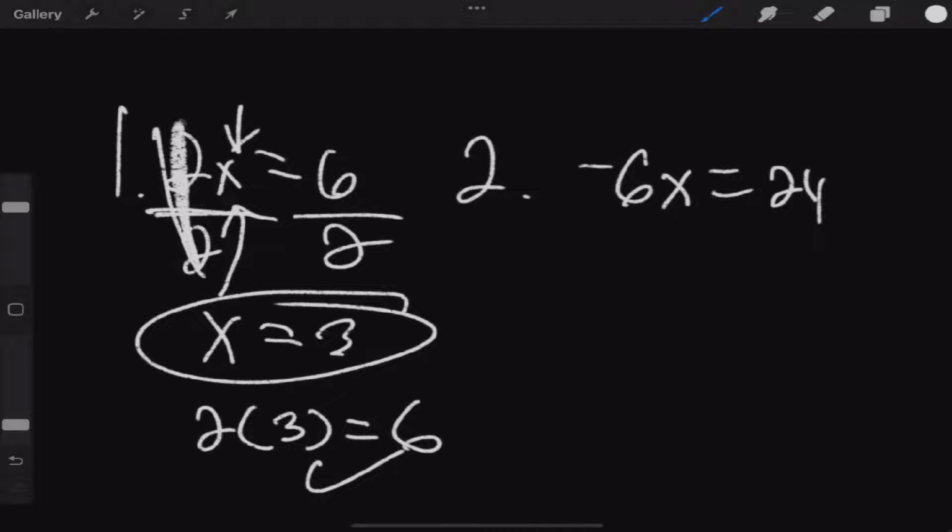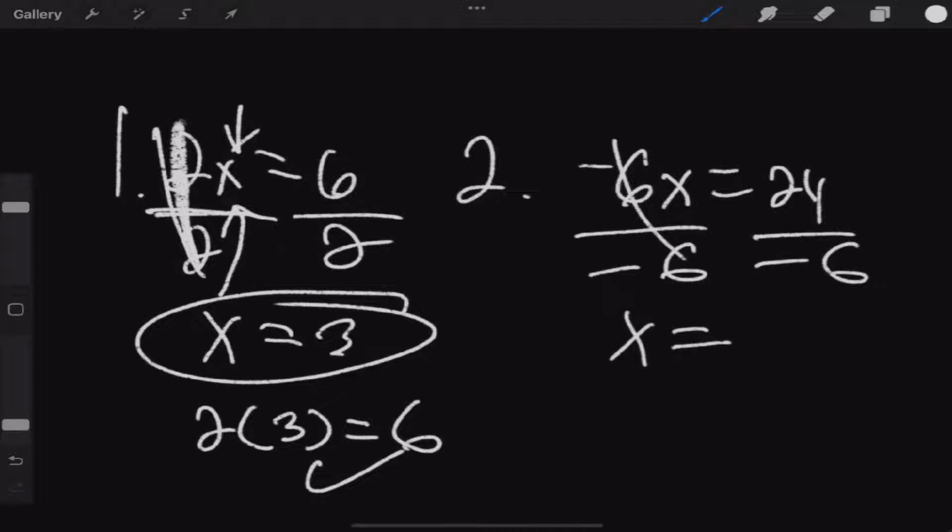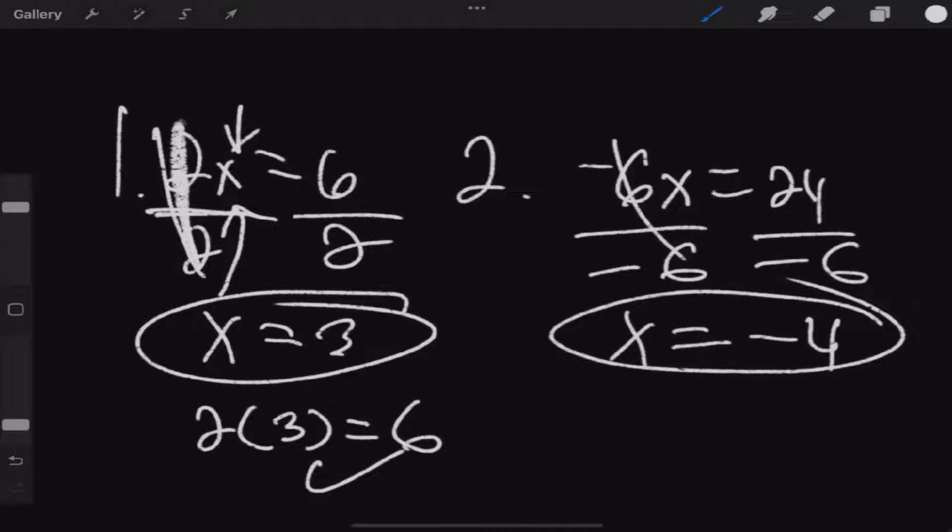So we take this number, divide by -6, and that leaves us with our 6's on this side canceling out. Leaves us with x, so we bring that down. We have our equal sign. We have 24 divided by -6, which happens to be -4, because you have a positive number. Positive divided by a negative equals negative. And boom, that's your answer.